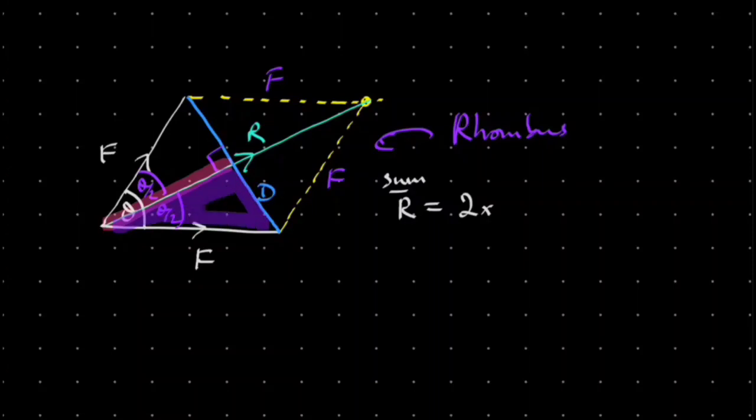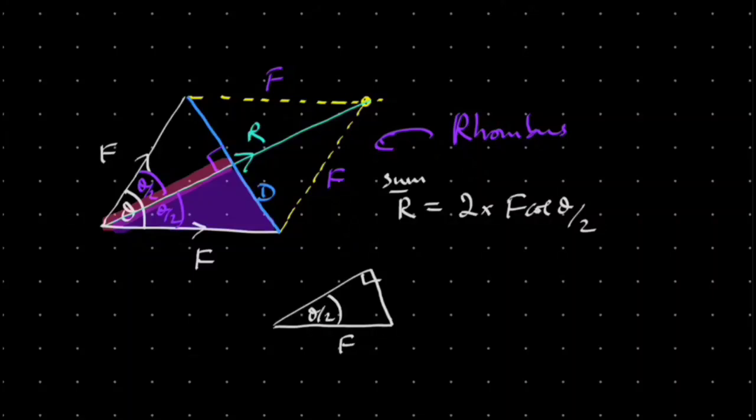this triangle is a right angle triangle if you observe. That means you can easily write this red highlighted side to be f cos theta over 2. If you look carefully, we have a triangle like this where you have 90 degrees here, f here, theta over 2 here.